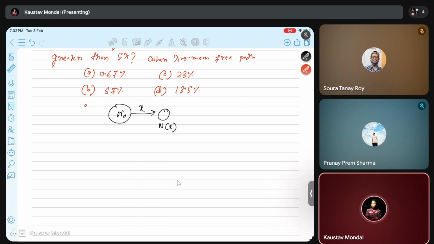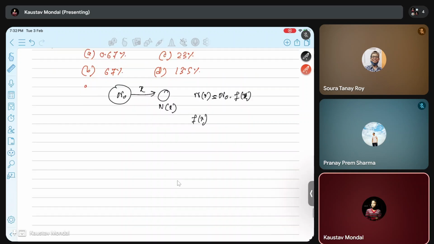In that case, nx is n naught into a certain probability, that probability denoted as fx, right? Fx is basically the probability of the molecules that doesn't suffer collision, and that fx probability we have written like e to the power minus x by lambda.